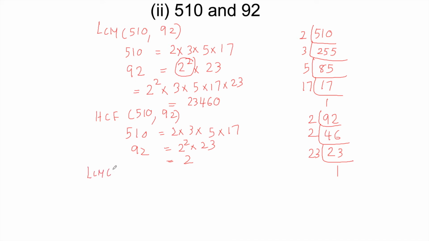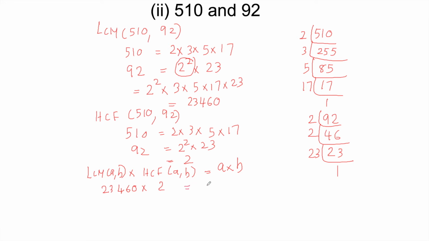LCM of a, b into HCF of a, b is equal to a into b. So LCM of a, b is 23,460 and HCF of a, b is 2.